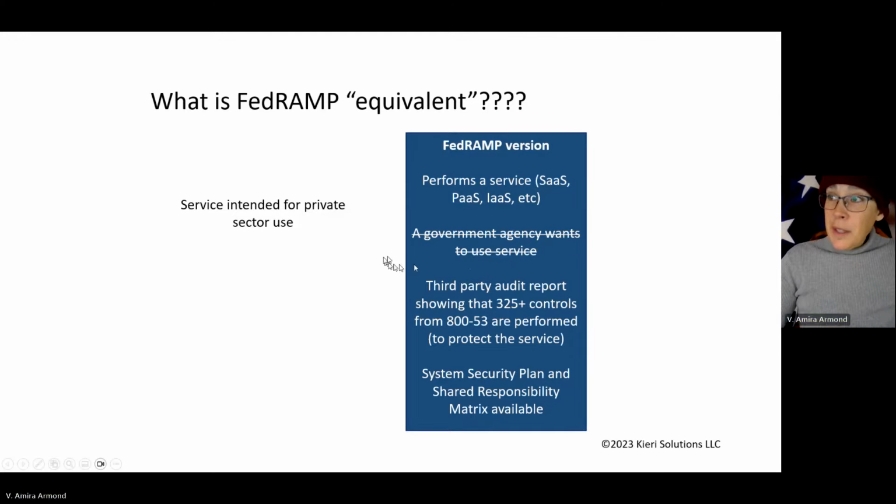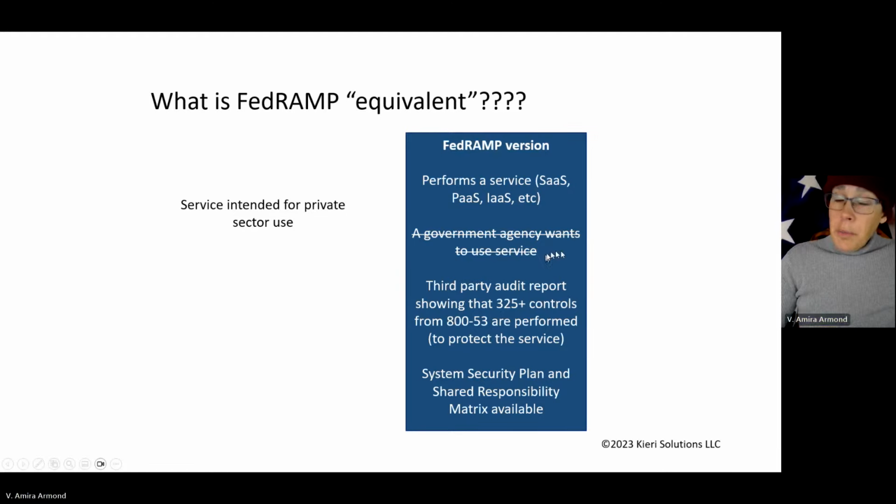So remember that third-party audit report showing that all the 300 plus controls from 853 are performed? And also that the system security plan and shared responsibility matrix are available for review. Right. I think it's pretty safe to say that that's what FedRAMP equivalent means.